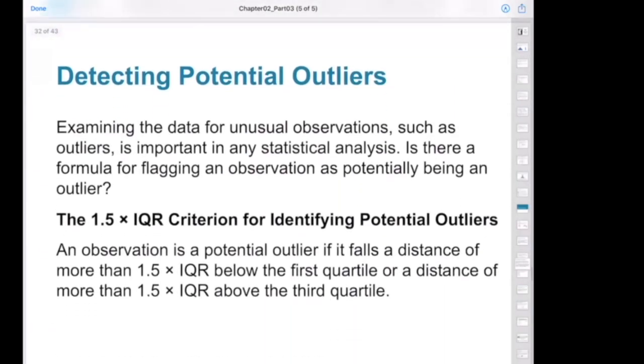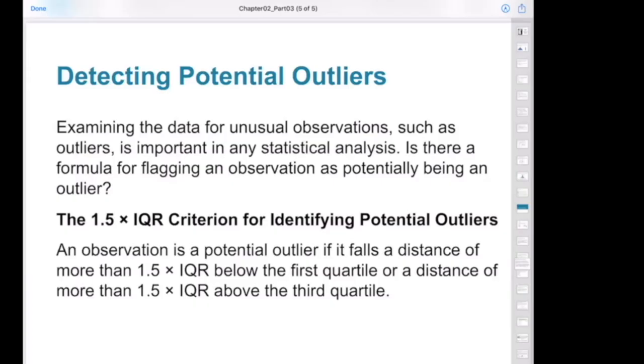Do you remember when I said you will know today how to find the outliers in your data? This is the way. Detecting potential outliers. How? Any value beyond 1.5 times the interquartile range, we consider it an outlier.